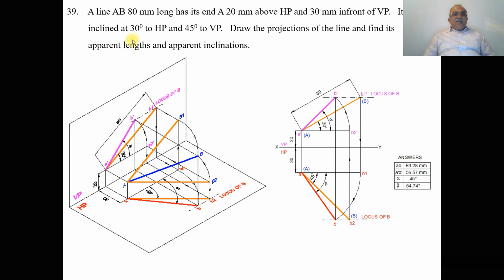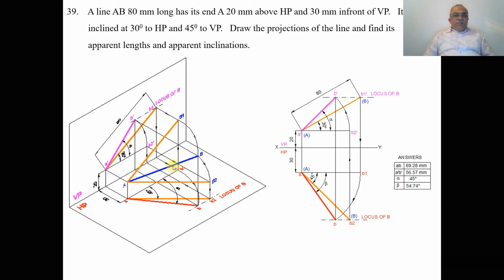It is inclined at 30 degrees to HP. So the line AB is inclined at 30 degrees to HP. As we know that it is capital AB, obviously that line has to be parallel to VP. So when you look from the top view, we can see the distance: A is 30 mm in front of VP and B is also 30 mm in front of VP, and that line is inclined at 30 degrees to HP.